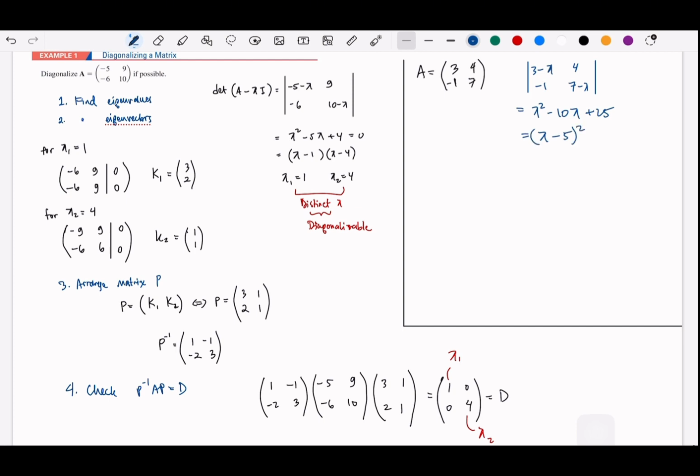So this will be a repeated value. But since there are only 2 eigenvalues, which are lambda 1 and lambda 2, we say that this is truly distinct, right? Like every eigenvalue is different. So we say that because this is a repeated value, lambda, then it is not diagonalizable.